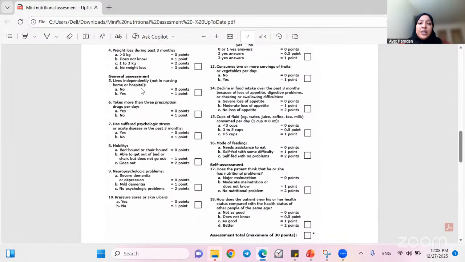Other questions will be the general assessment. This is another section. We will ask about living independently, taking more than 1 medication per day, if he's struggling with any psychological stress or acute disease in the past 3 months, his mobility, his neuropsychological problems, and if there are any pressure sores or skin ulcers.